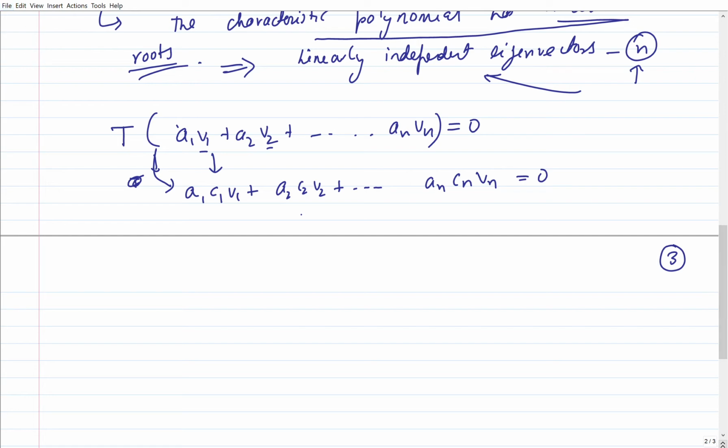So I take the first equation, so this is my first equation. I multiply this by Cn, and I subtract this.